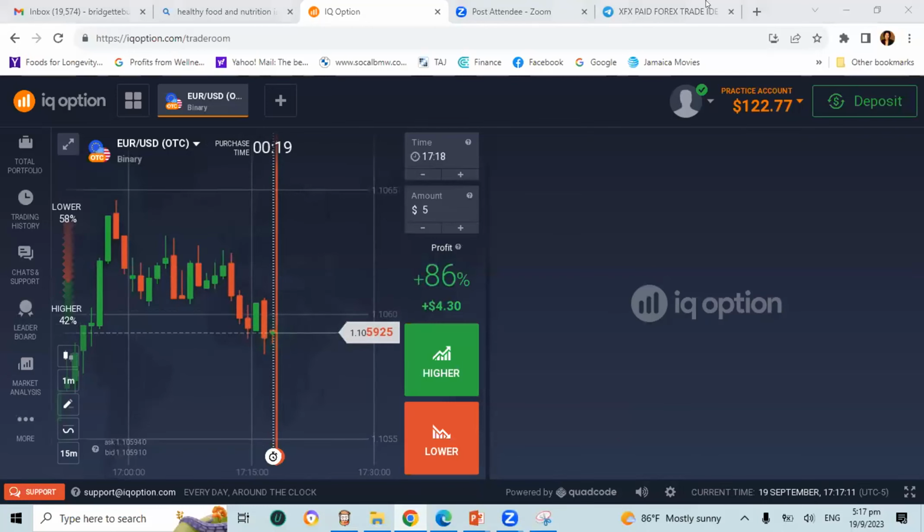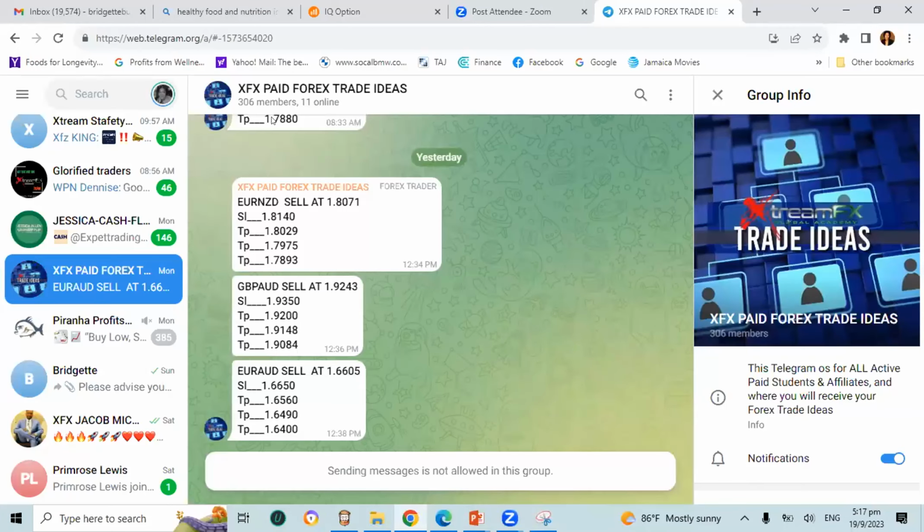It looks like you're looking for this logo right here. See the logo to the right side here, very blue looking. XFX Paid Forex Trade Ideas is what should pop up in your Telegram.